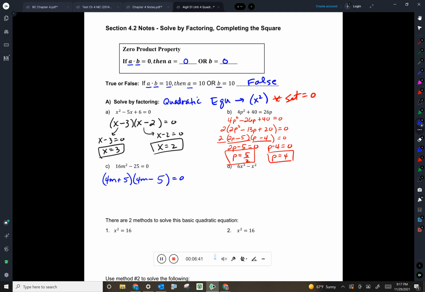And let me give you a little kind of handy-dandy shortcut. If I want, I could write this whole thing out, and I will on the first one. I could say, okay, what if 4m plus 5 equals 0? Then you would subtract your 5, right? That's going to make it be negative 5. Then you would divide by 4, so m equals negative 5/4.